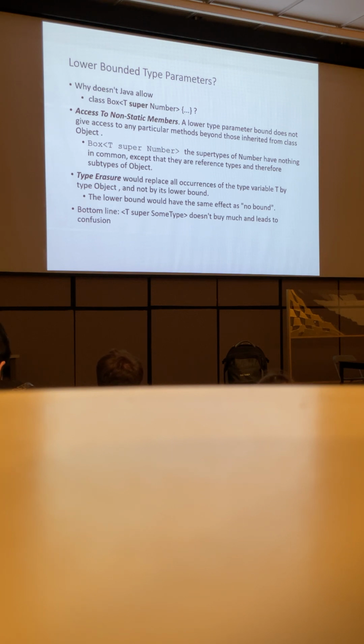Lower bound type parameters. Is that a thing? No, Java does not allow bounding in the opposite direction. So no, you cannot do T super Number. That's not something that Java allows. If it were allowed, it would just work in the opposite direction.